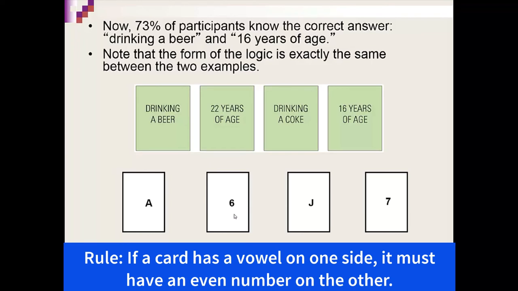But a lot of us make a mistake and we assume that if there's an even number, there has to be a vowel on the other side. And that's really not what the rule states.